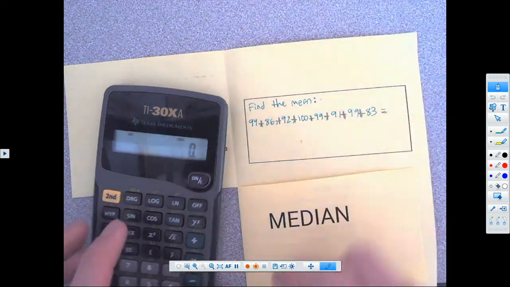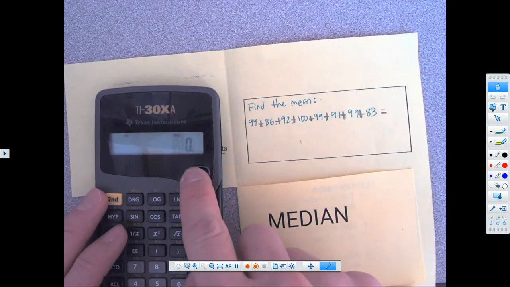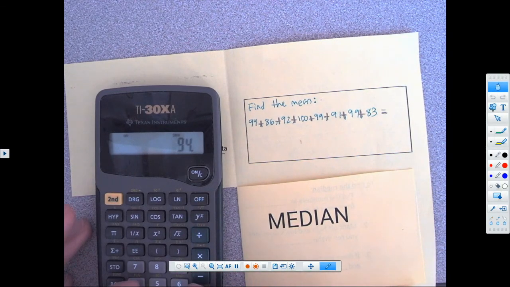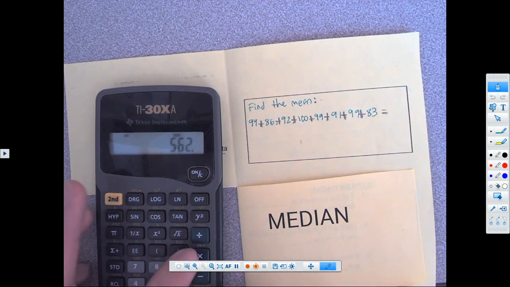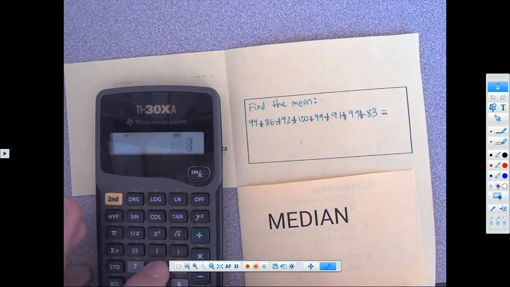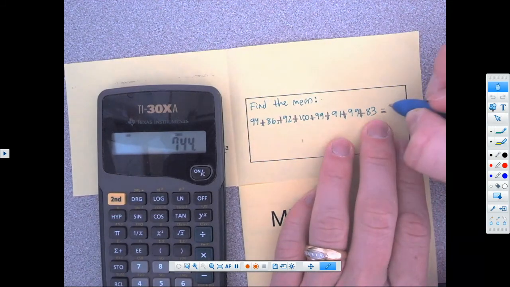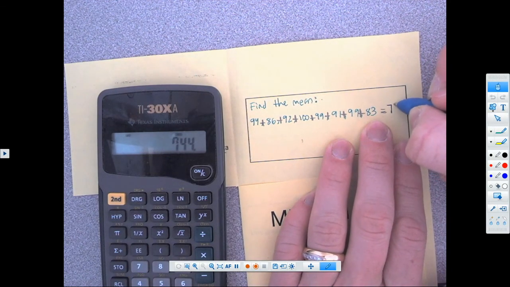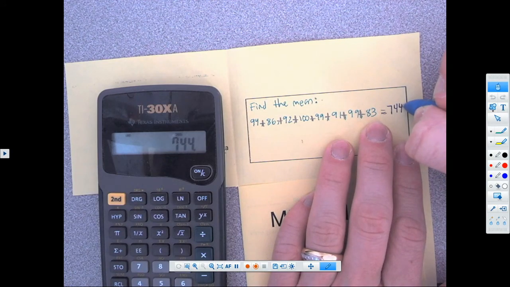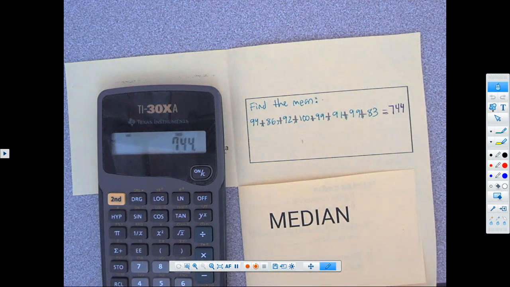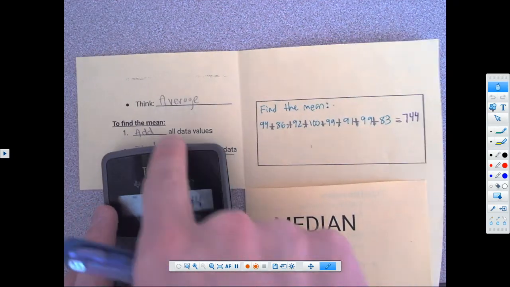What that equals, let's try it. 94 plus 86 plus 92 plus 100 plus 99 plus 91 plus 99 plus 83 equals 744. I hope I'm not wrong. We're going to assume that I'm not wrong because I'm so good at this, right? So 744, I'm using blue ink for that, and I'll show you why. So I added all the data values.